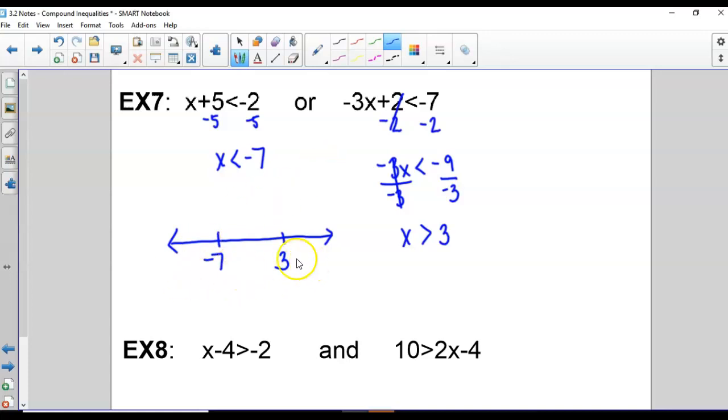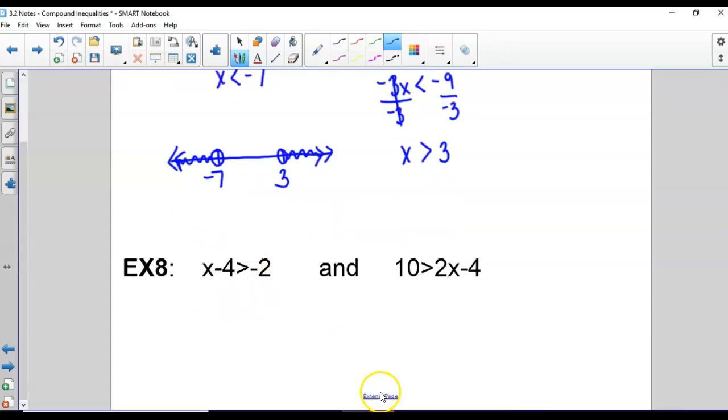That makes a big difference on how you graph it, so make sure that you have those in order whenever you draw them on your number line. So we'll have an open circle, shade to the left for -7. We'll have an open circle, shade to the right for number 3. And so this is an OR problem. Those two don't overlap, but that's perfectly fine because it's an OR problem, so this is our answer.